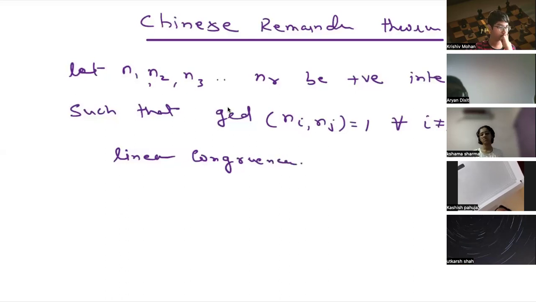It means if you want to divide the numbers by n1, n2, n3 or nr, none of the numbers has a GCD other than 1.